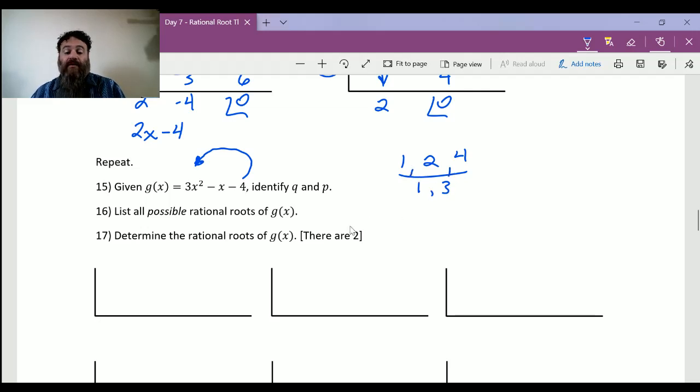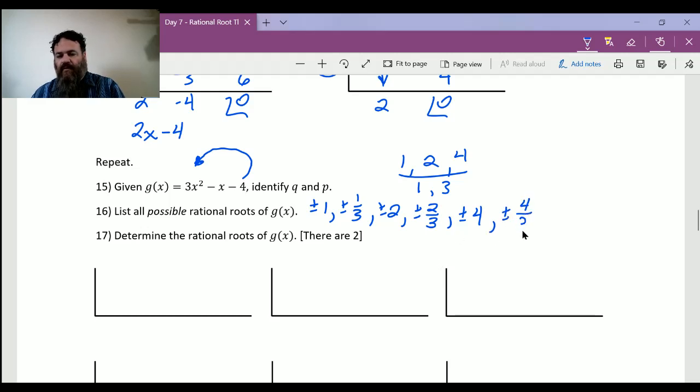We just have to build all of them. 1 over 1, that's positive negative 1. 1 over 3, positive negative 1/3. 2 over 1, positive negative 2. 2 over 3, positive negative 2/3. 4 over 1, that's positive negative 4. And finally, positive negative 4/3. So once again, we've got 12 options that we need to look at.